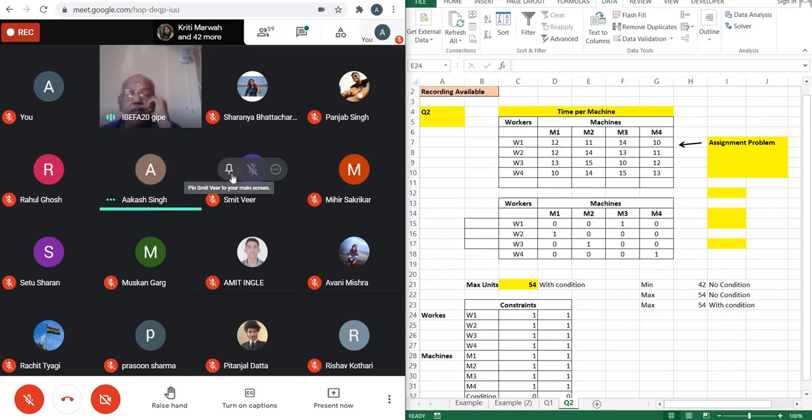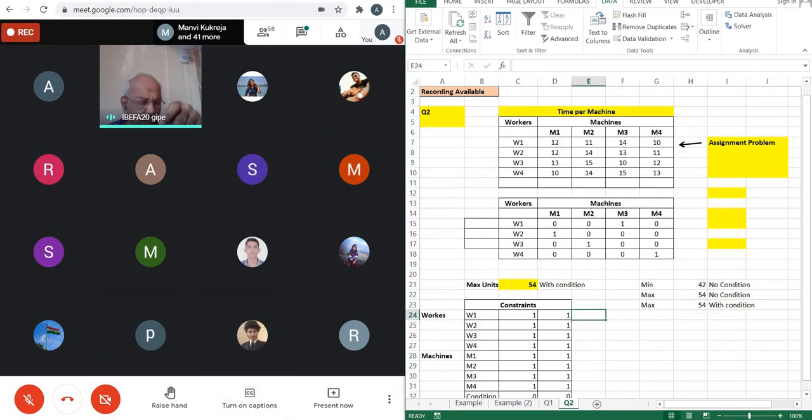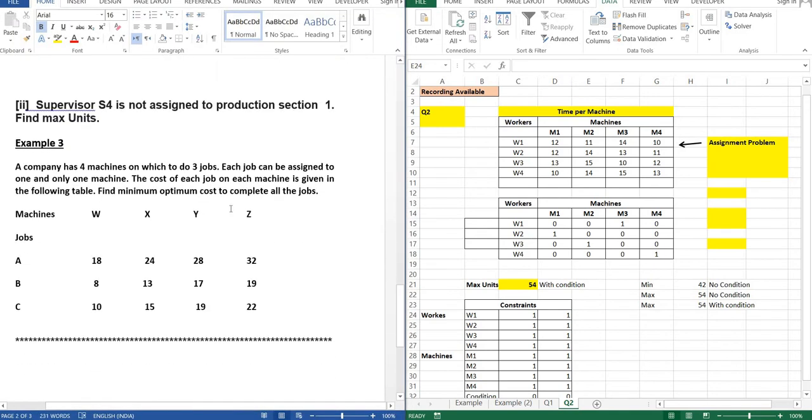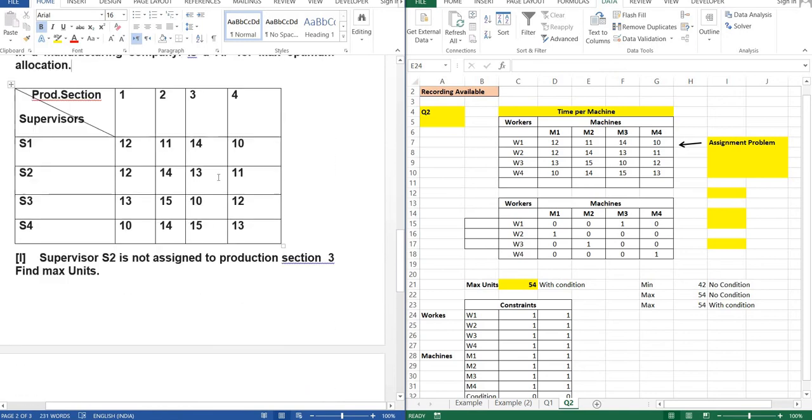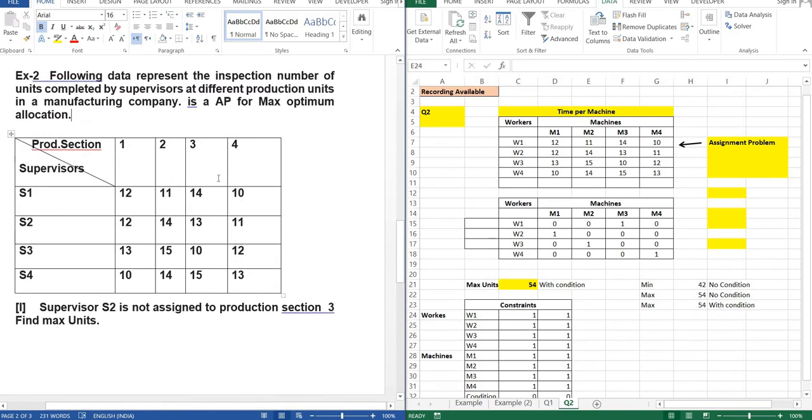Correct. Now answer the question number 1 and 2. Who gave me the answer? Akash, please type the answer in the chat box.